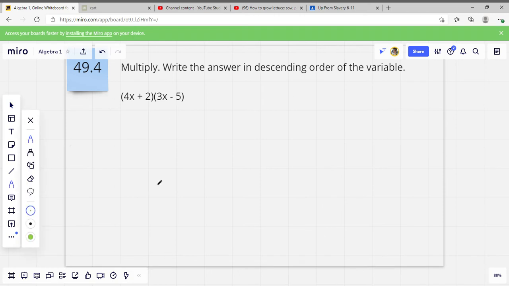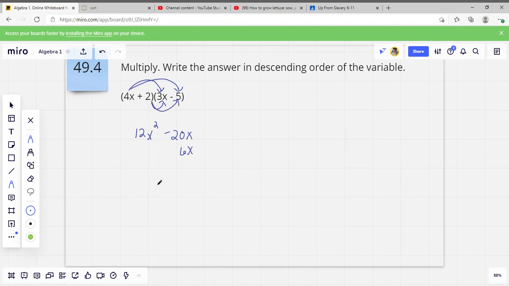Alright, so on this one, we've got 4x times 3x. 3 times 4 is 12x squared. Now I have 4 times 5, which would be negative 20x. Now I've got 2 times 3, which would be 6x. And I'm just lining those up and down.